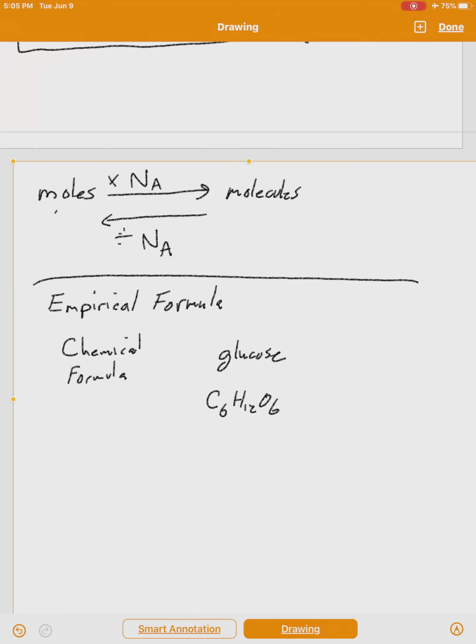So glucose is a crystal usually, or it's dissolved in water. But if you have the smallest unit of glucose, you would find that that smallest unit has 6 carbons, 12 hydrogens, and 6 oxygens. And we call that the molecular formula.